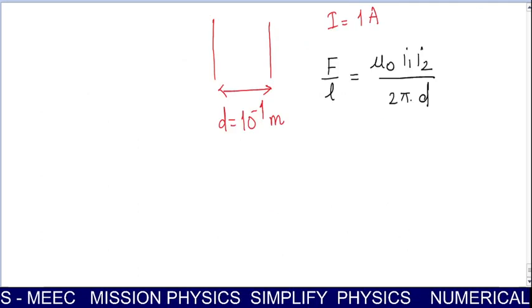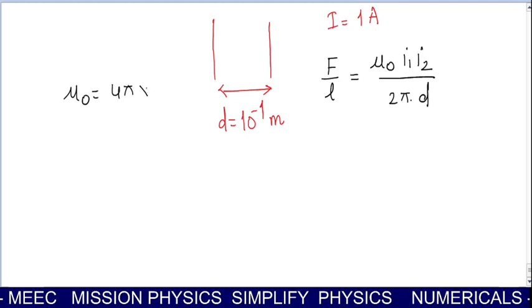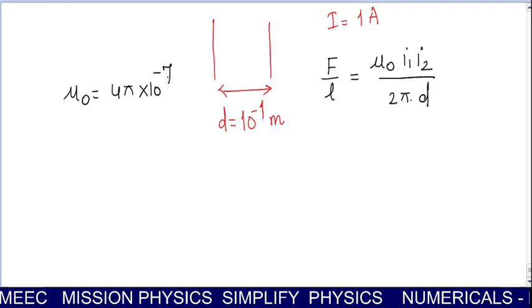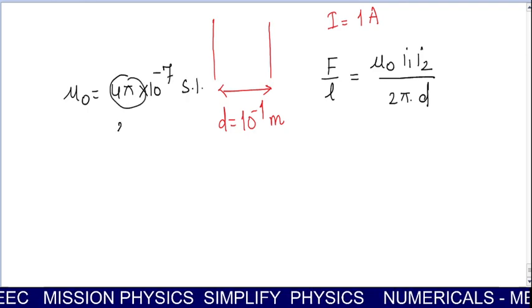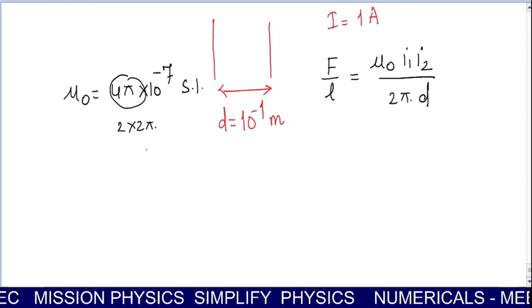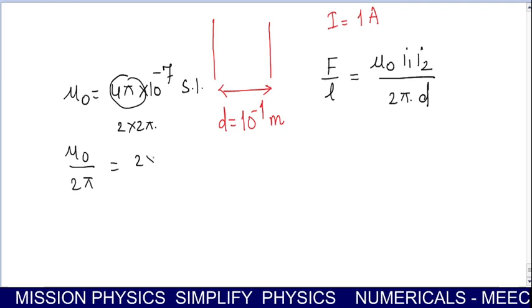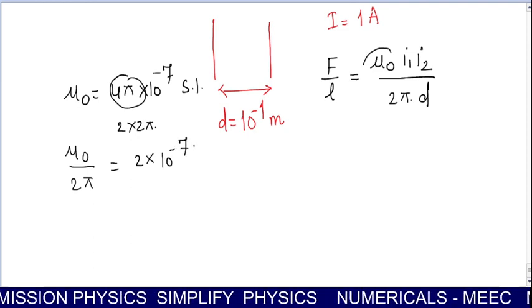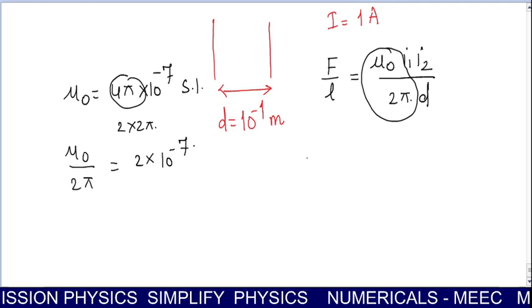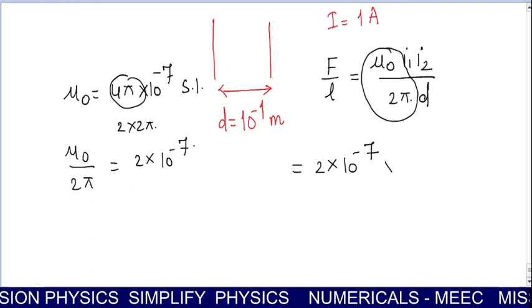If we look at the value of mu naught, this is 4 pi into 10 to the power minus 7 SI. So we can write this as 2 into 2 pi. Hence we get mu naught upon 2 pi equal to 2 into 10 to the power minus 7. So you combine this all and you put here 2 into 10 to the power minus 7.